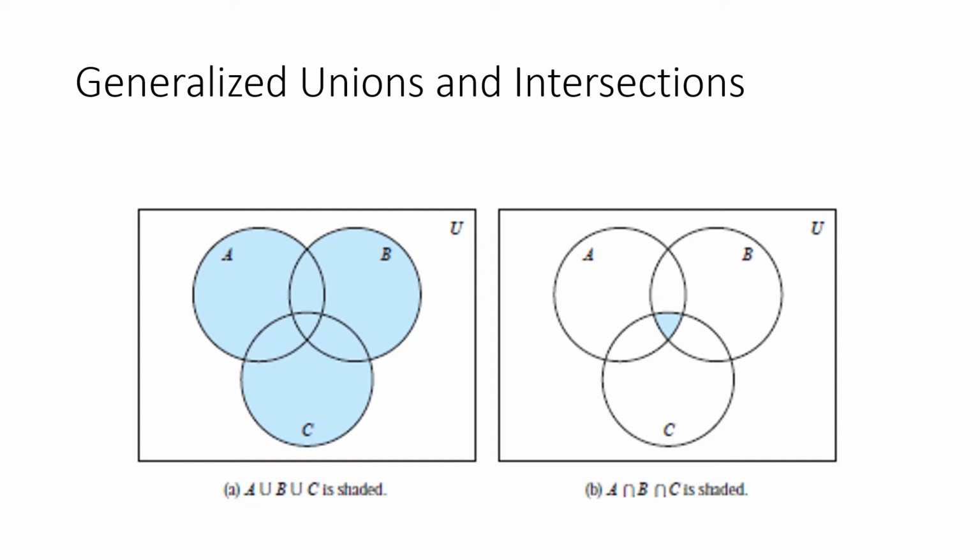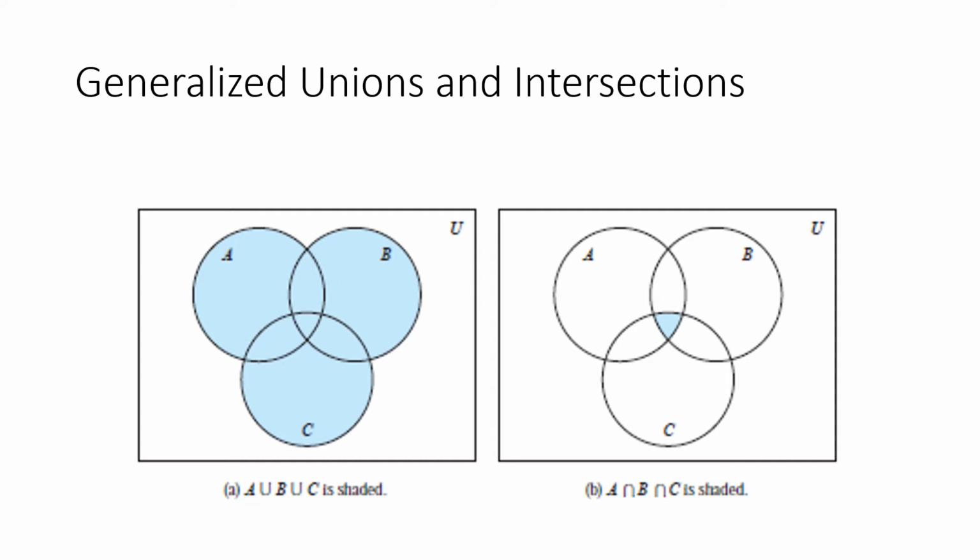In the first Venn diagram, you have A union B union C, which is the shaded portion, and A intersect B intersect C is represented by the shaded portion of the second Venn diagram.